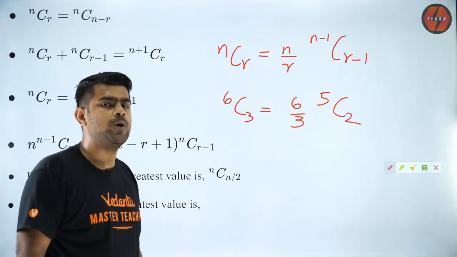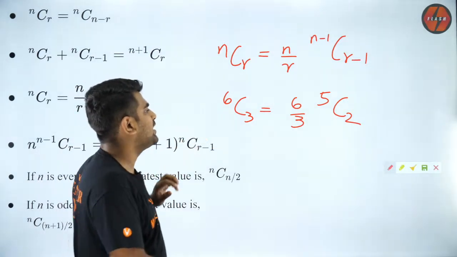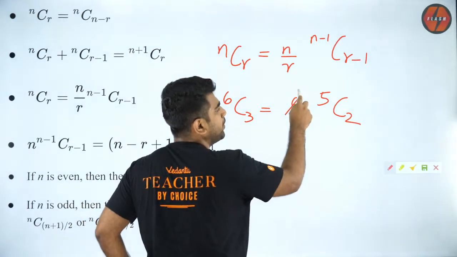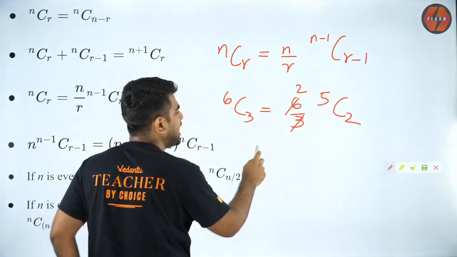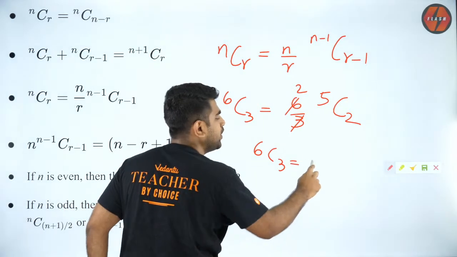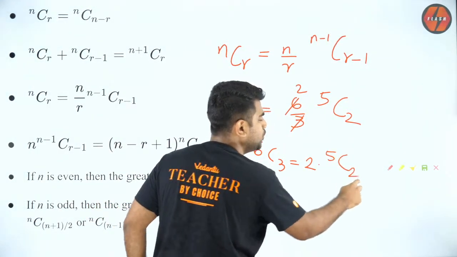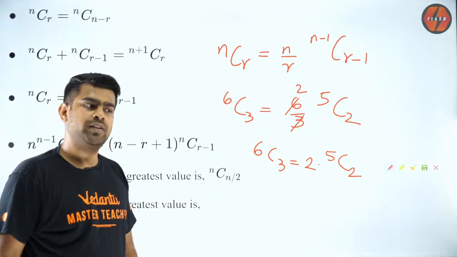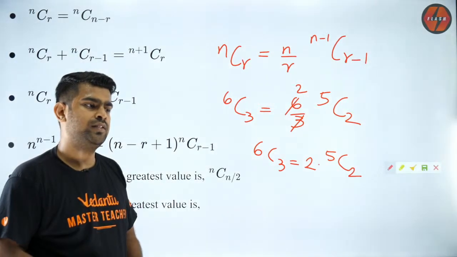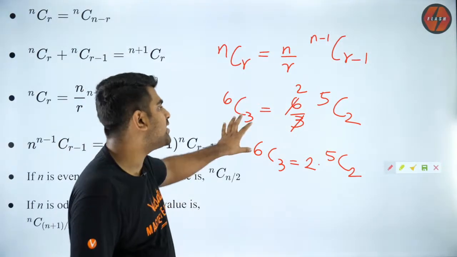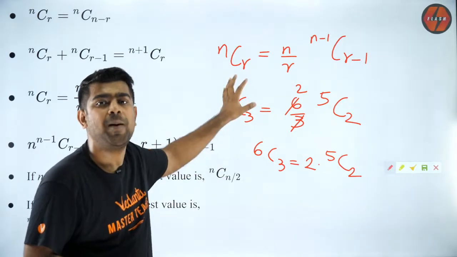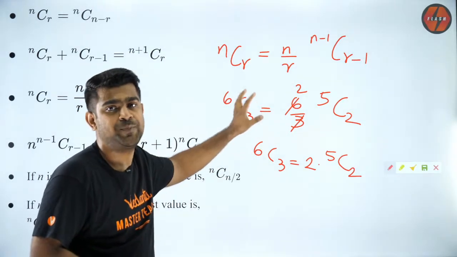So this is the way to do it. Now you can cancel 6 by 3 as 2 and write 6C3 is equal to 2 into 5C2. Okay? That is the way you apply this particular expression over here.